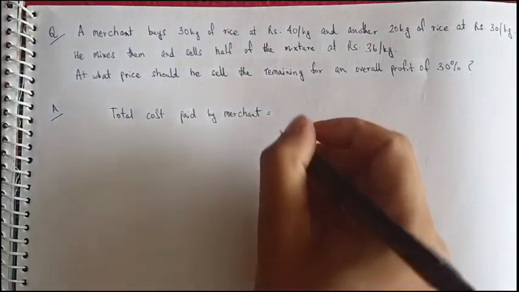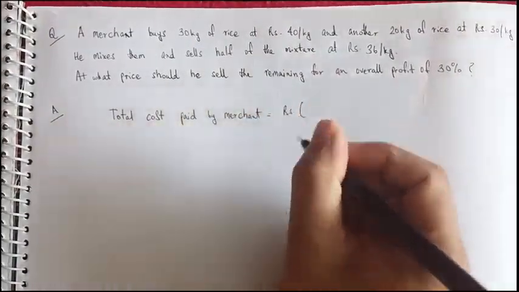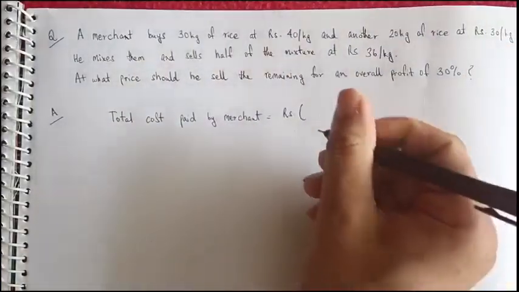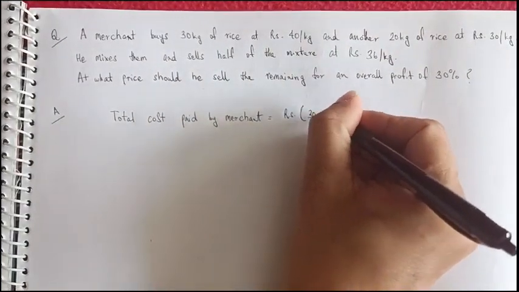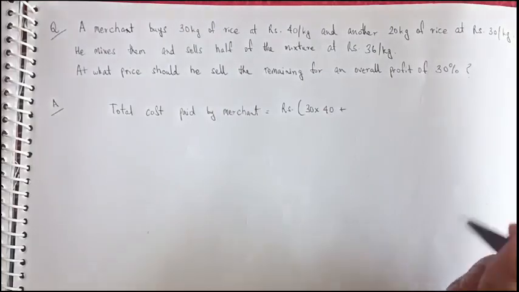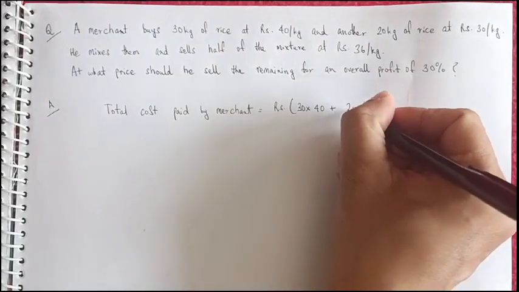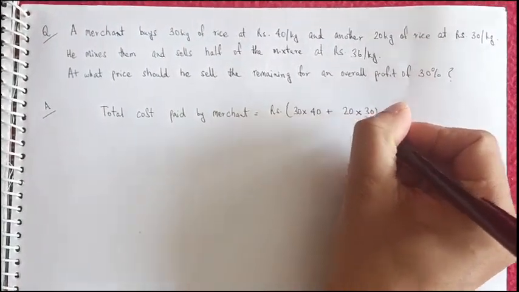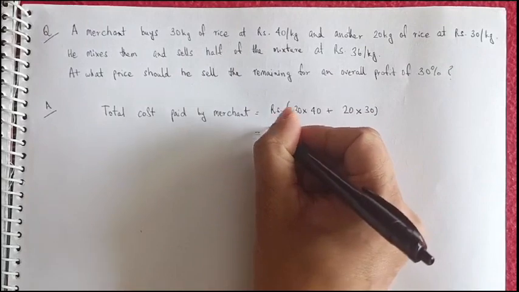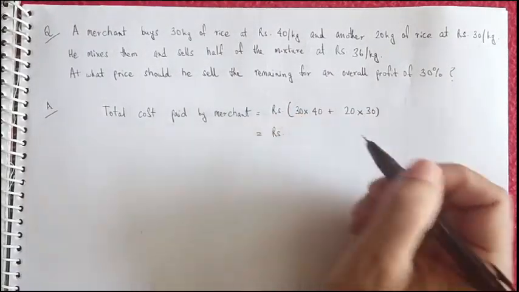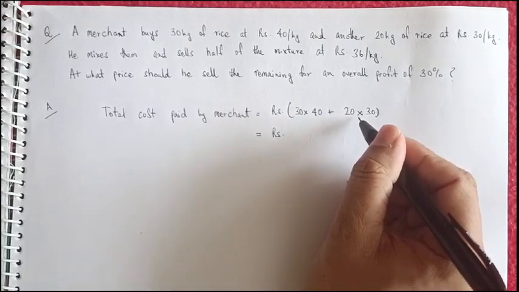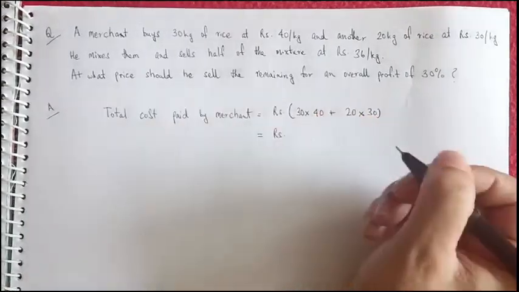is equal to rupees. So 30 kilograms of rice is at 40 rupees, 30 into 40, plus 20 kilograms of rice is at 30 rupees. Right? So here we get rupees 30 into 40 is 1200. 20 into 30 is 600.